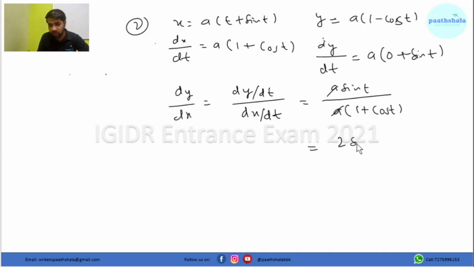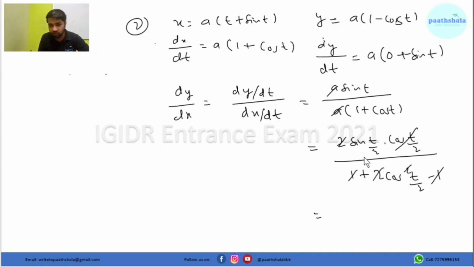So sin t will be 2 sin(t/2) cos(t/2), whole upon 1 plus 2 cos square(t/2) minus 1. First eliminate 1 and 1, and after this we can eliminate 2 and 2, and we can eliminate one cos(t/2). So this will become sin(t/2) on cos(t/2), which is tan(t/2). So this will be your final answer.